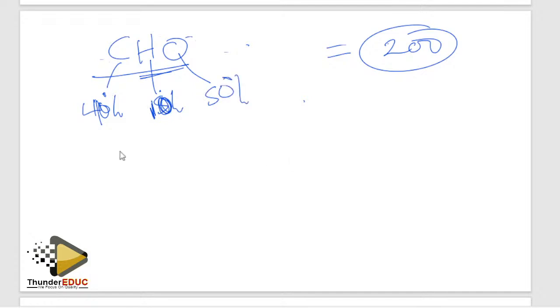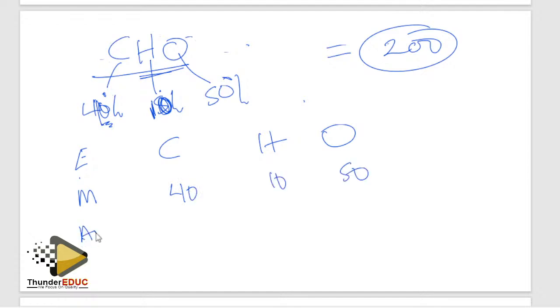You start with the elements: carbon, hydrogen, and oxygen. Then the atomic mass of each; you look in the periodic table. Carbon is 12, hydrogen is 1. Let's start with the mass. Here they have given us masses as percentages: 40%, 10%, and 50%.